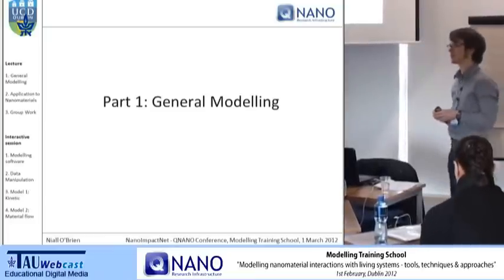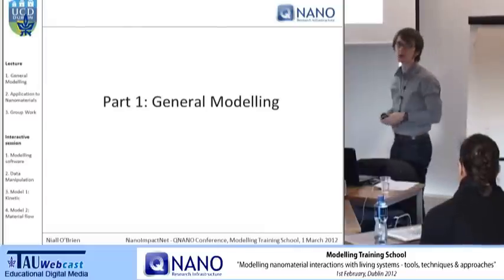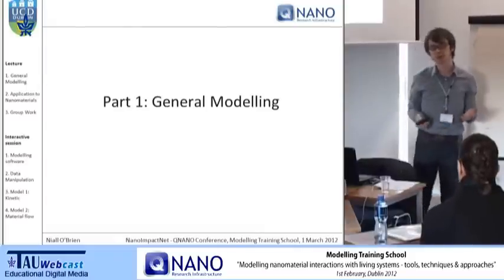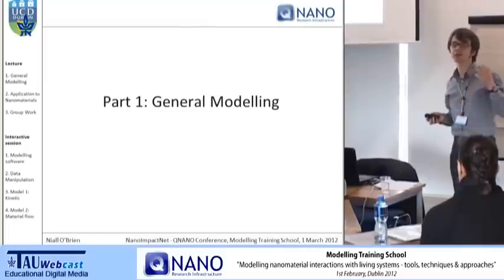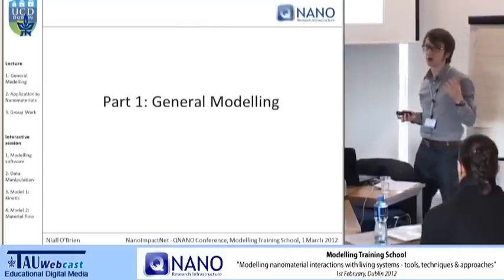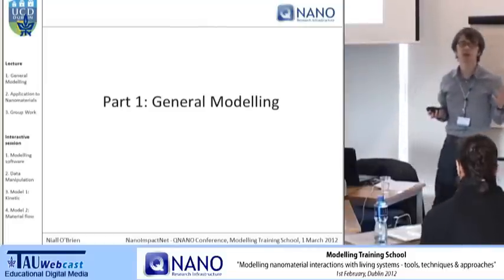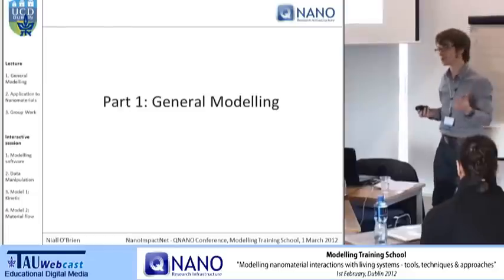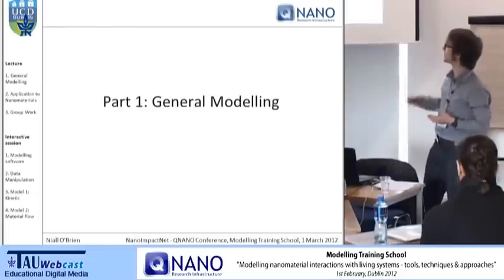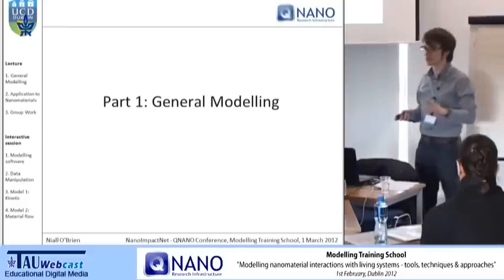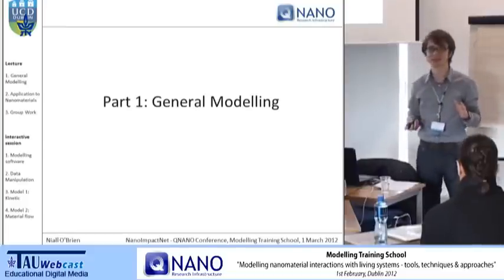We then look at its application to nanomaterials. We're going to look at some current literature involving nanomaterials, and see different problems they've encountered and different areas they've highlighted for further study. We are then possibly going to do a little group work, but that may get cut due to time.